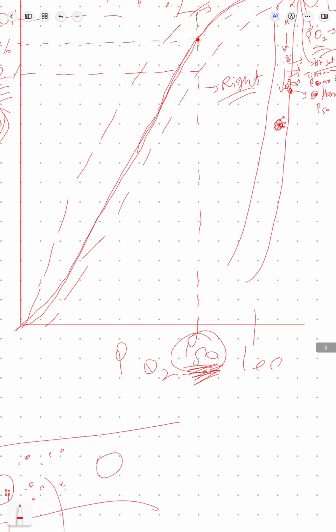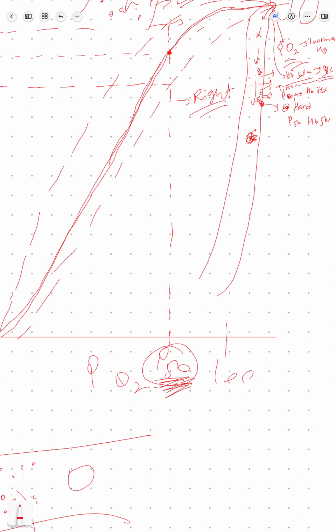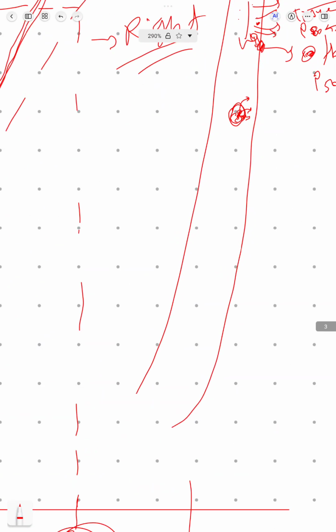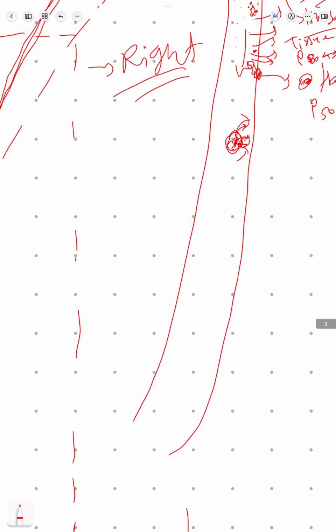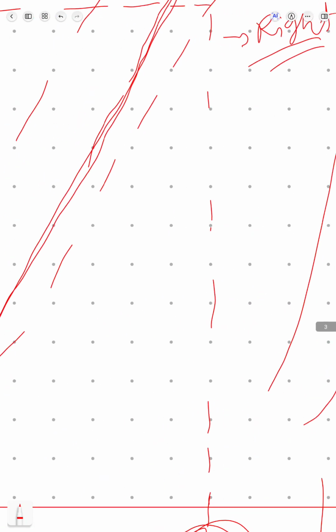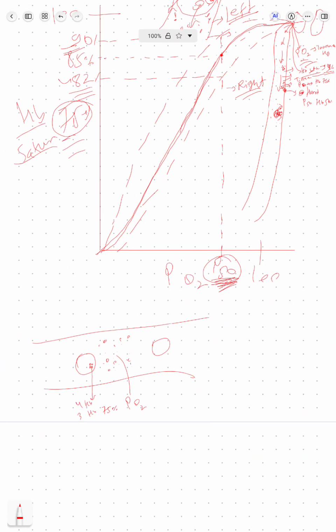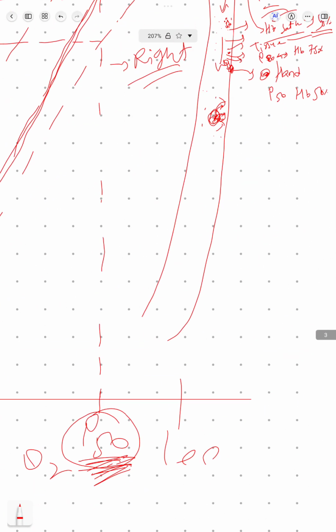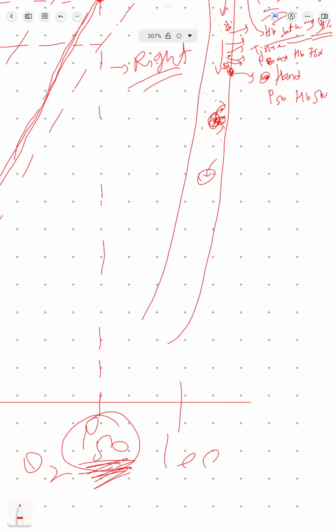And what happens in right shift, the oxygen from the hemoglobin is made to be released in the plasma to make the partial pressure of oxygen higher, so that more oxygen is available for the tissue to utilize. In left shift, the oxygen is more firmly bound to the hemoglobin molecule, so less oxygen is available in the plasma.